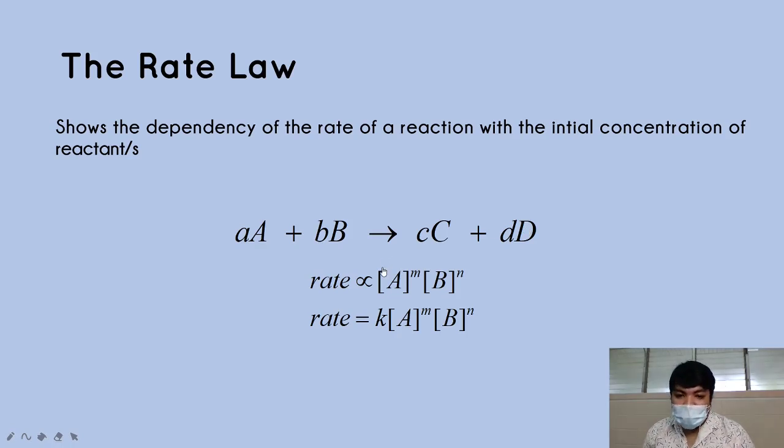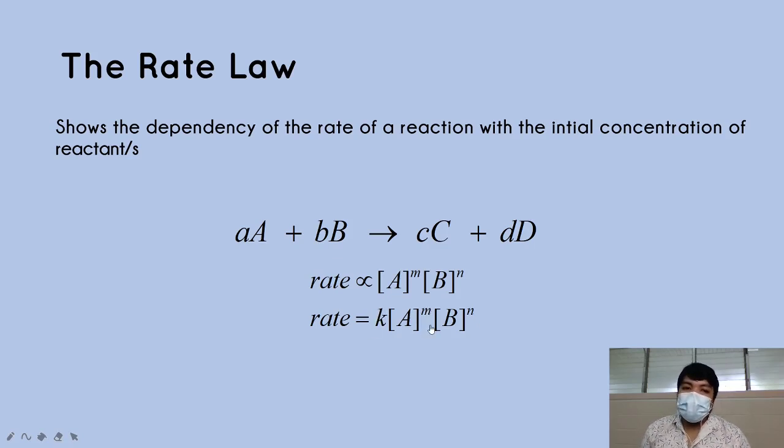The rate, as I've said in part 1 of our video series, is directly proportional to the initial concentrations of the two reactants raised to their respective exponents, denoted as m and n, m for A and n for B. In order to make this a full-blown equation, we insert a constant, which is k.